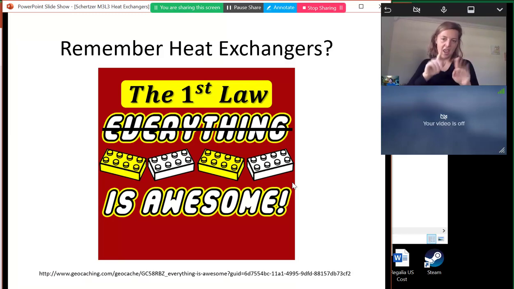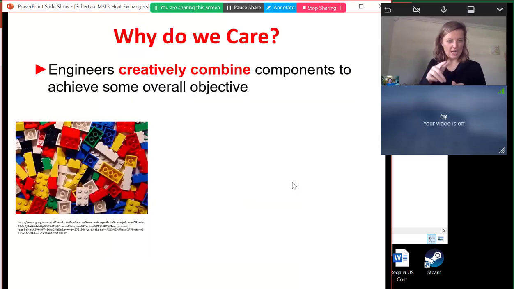So the new material that we're going to talk about today is heat exchangers. You might remember that we talked about heat exchangers a lot in thermodynamics. Whenever you took it, maybe you've repressed these memories, but we did talk about heat exchangers in thermodynamics.